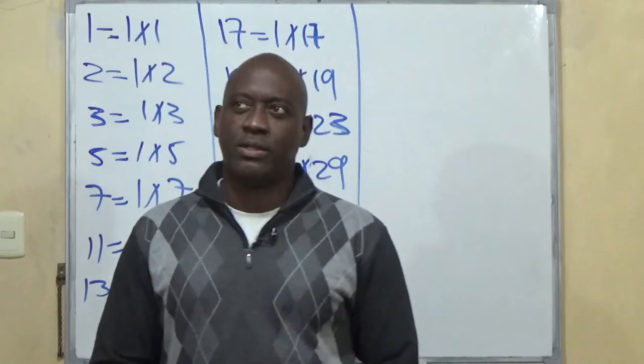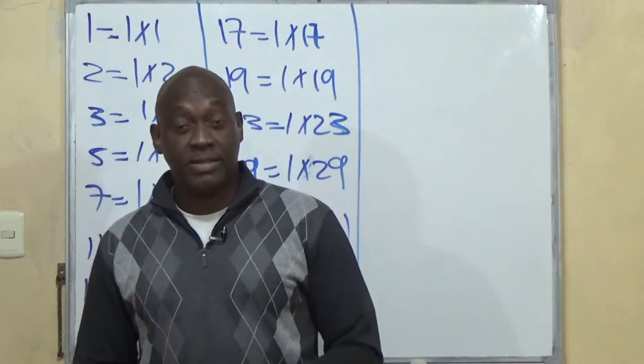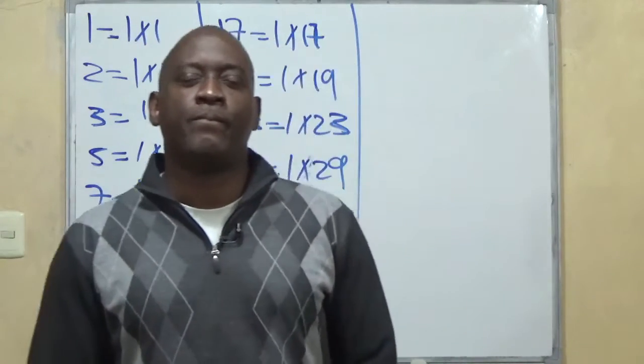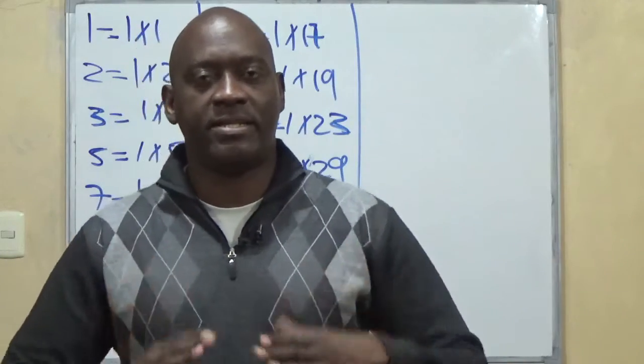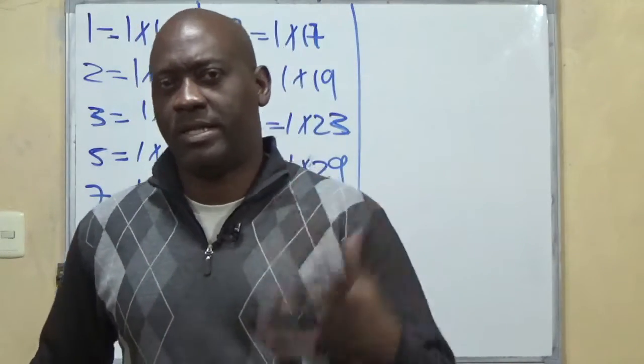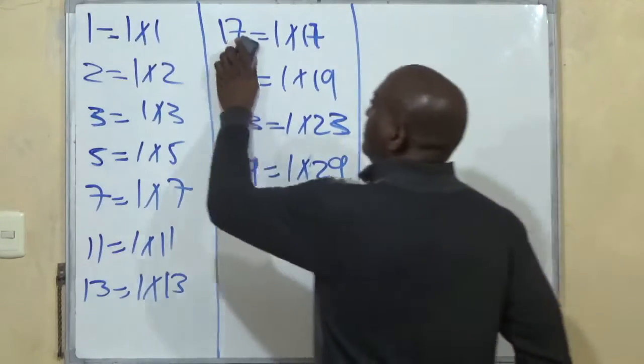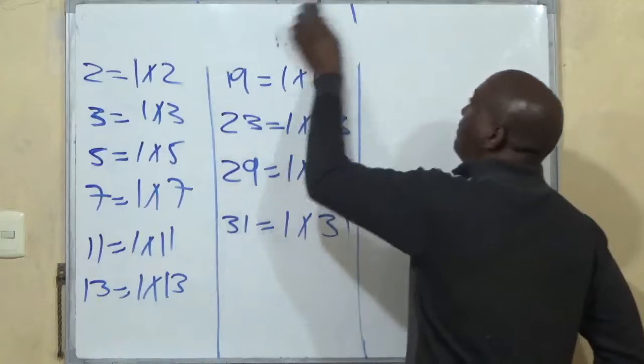So let us go back to some of the numbers that we would have used in the discussion of factors to illustrate the point. We would have started with the number 36.